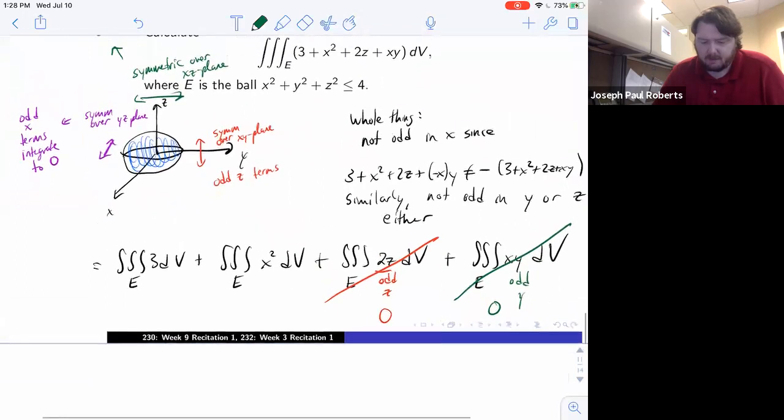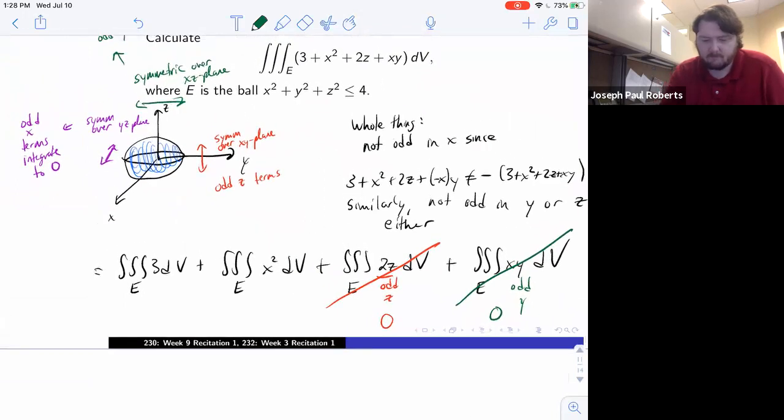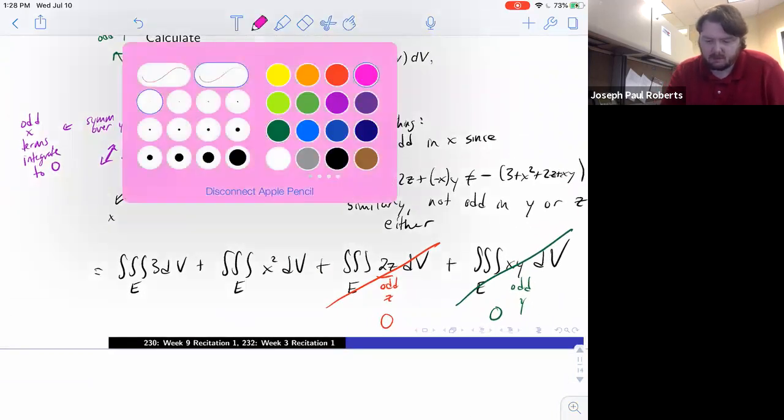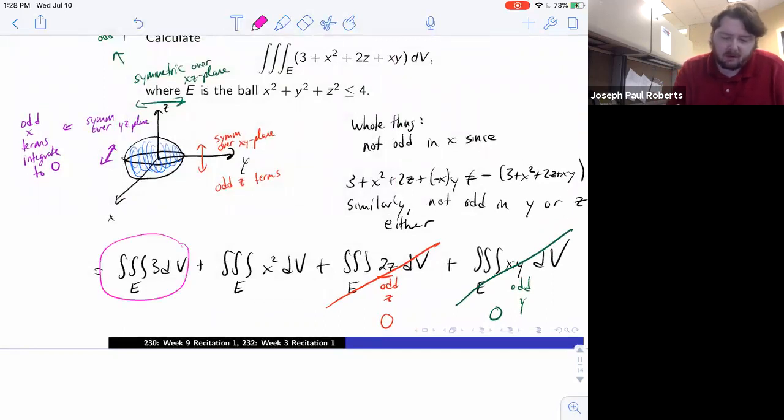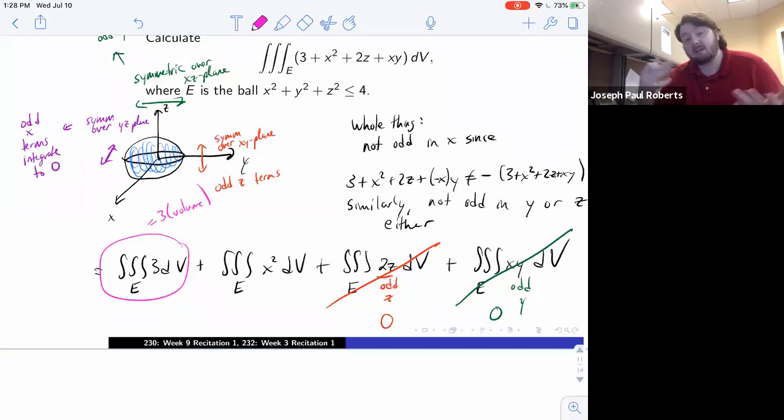And then finally, let's use a different color. This here, the triple integral of a constant is the constant times the volume of the region over which we're integrating. Last time I checked, we know the volume of a ball.